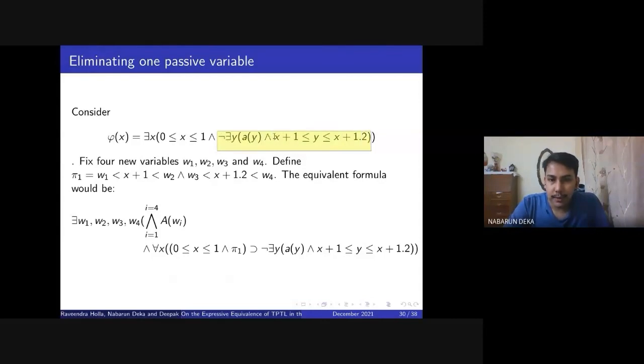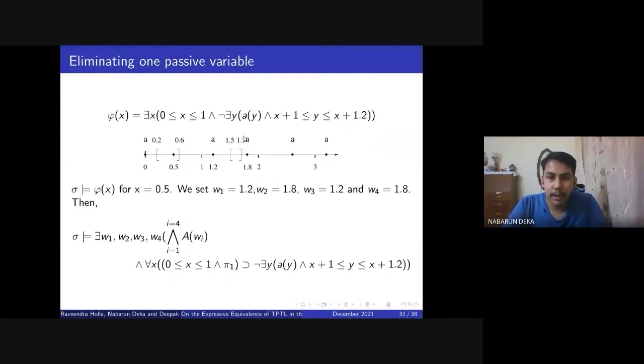So observe, this is saying that there is no action a between x plus 1 and x plus 1.2. If we can move x in such a way that x plus 1 does not cross over any action point and x plus 1.2 does not cross over any action point, then we will still have that this interval has no action points in it.